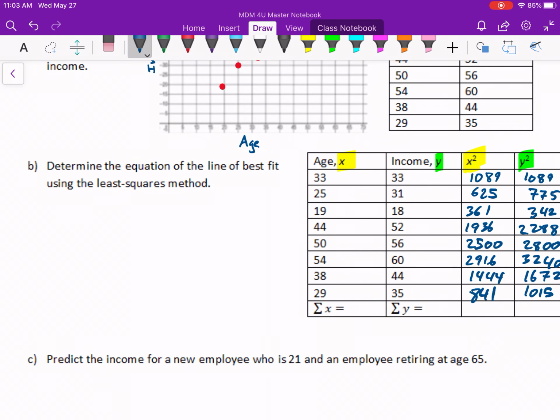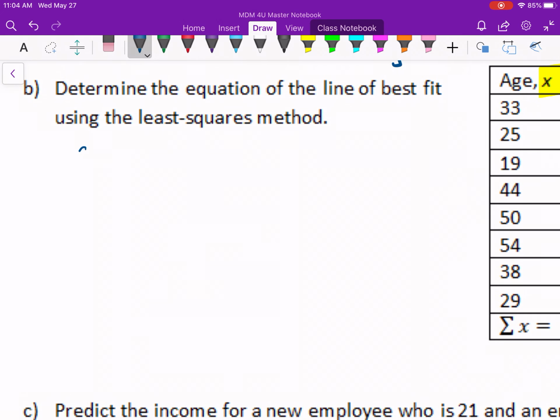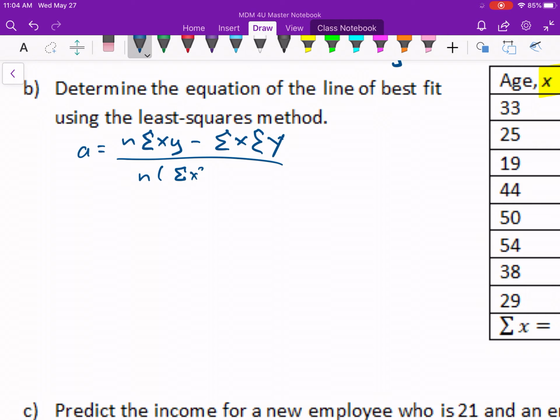Let me just write out the formula again so that we have it handy and you can see where everything fits in. A is equal to N times sigma xy, so adding up x times y, minus sigma x times sigma y, all over n times sigma x squared minus sigma x, squared.